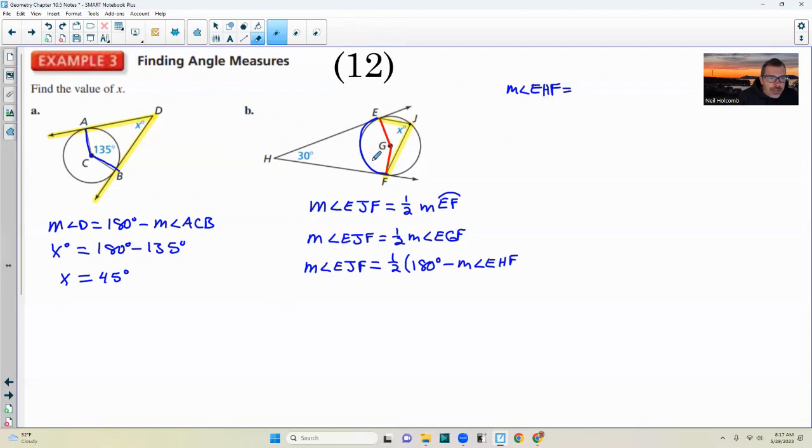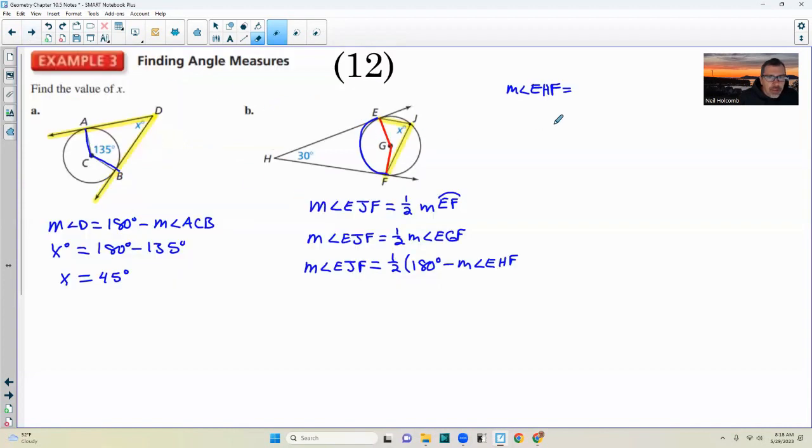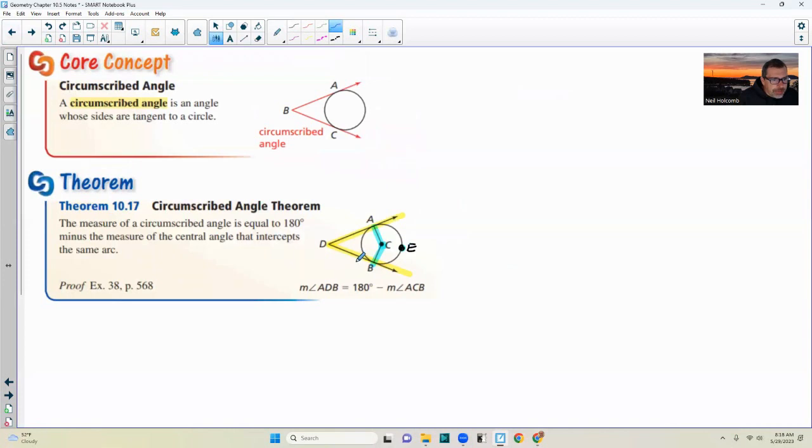EHF is 30. That's going to equal 1/2 of 180 minus ACB. So this angle here, ADB, equals 180 minus ACB. All I'm doing is looking at this theorem: the circumscribed angle equals 180 minus the central angle.